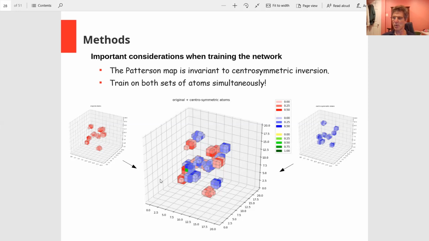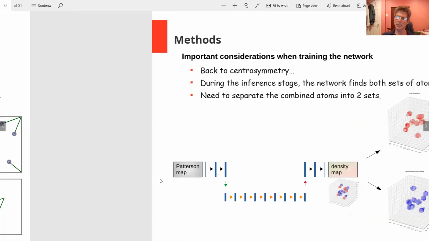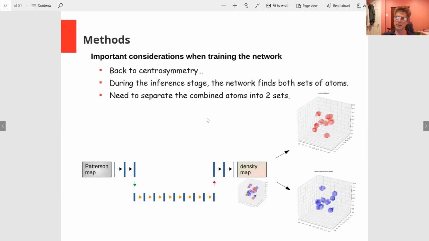So now I'm going to describe a way to separate the combined atoms into two separate sets. So you see here, here's the Patterson map, train on twice as many atoms as you really want, and then post-processing, separate that into original atoms and centrosymmetry atoms.